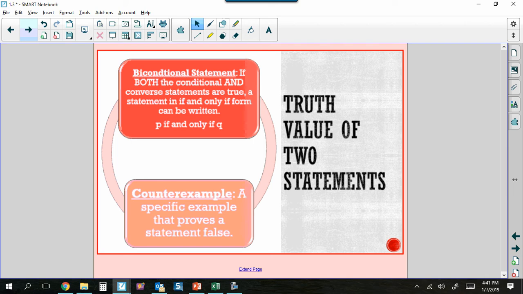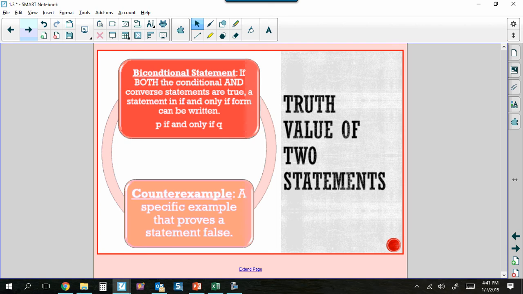I thought I did. Then the only type of lines in the same plane that never intersect would be parallel lines. So that would be an example of being able to write biconditional statements. You could say lines in the same plane never intersect if and only if they are parallel. Or lines are parallel if and only if they're in the same plane and never intersect.